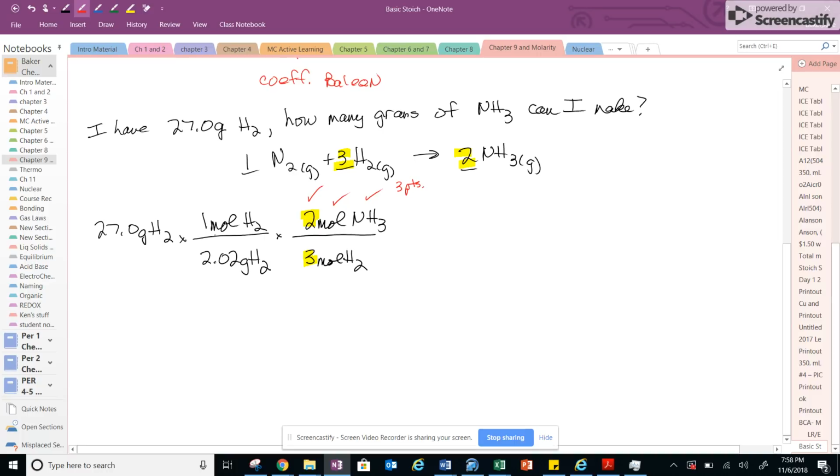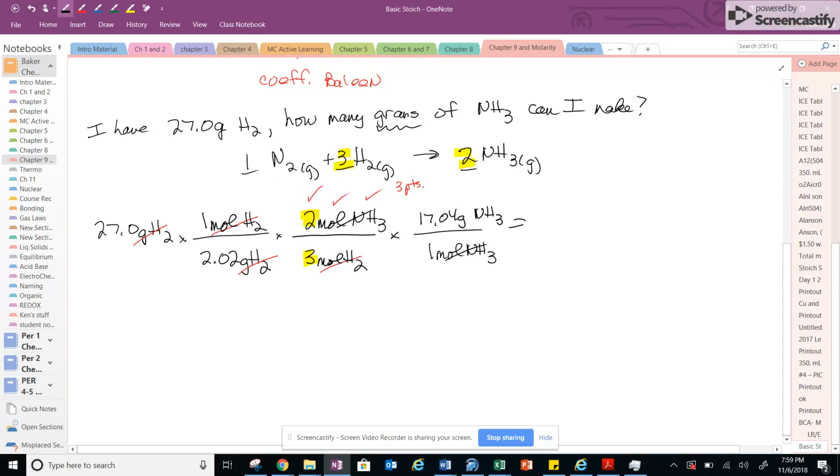So we need to make sure mole of hydrogen cancels with mole of hydrogen, grams of hydrogen with grams of hydrogen. All right, you might be thinking I'm not done, and you're right, because I didn't ask how many moles of ammonia I can make. I asked how many grams. So if I figure out what the molar mass of ammonia is, it is 17.04 grams.